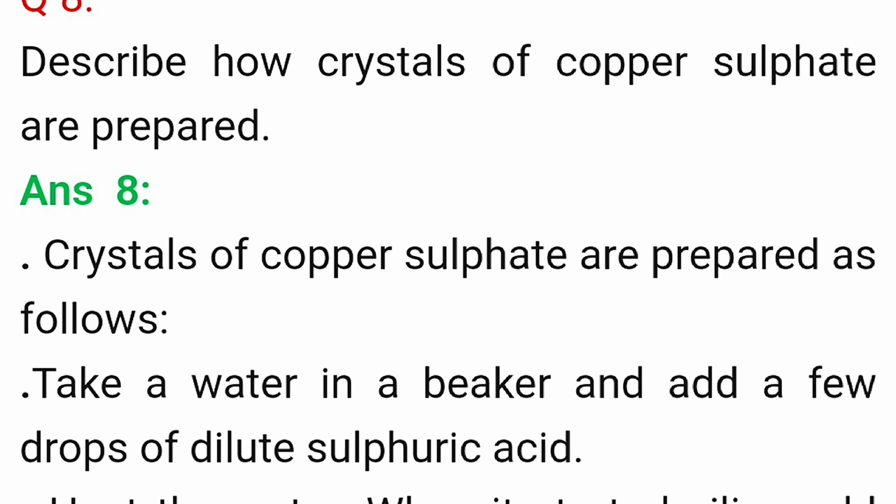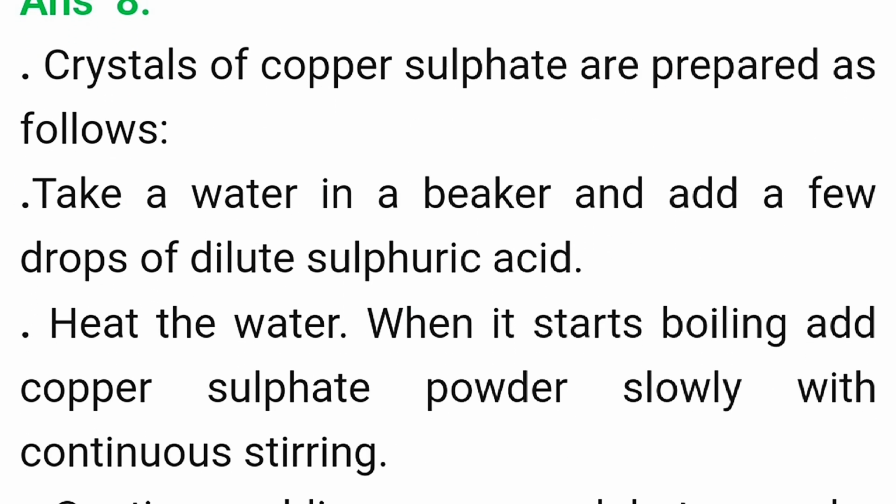Next, question 8: describe how crystals of copper sulfate are prepared. Let's see the answer. Crystals of copper sulfate are prepared as follows. First, take water in a beaker and add a few drops of dilute sulfuric acid. Second, heat the water.